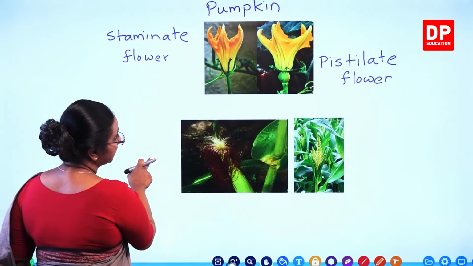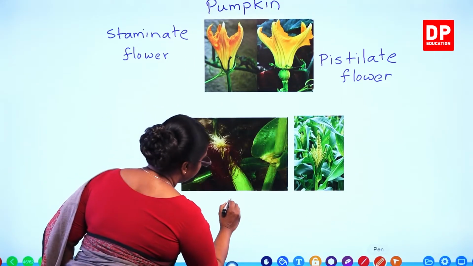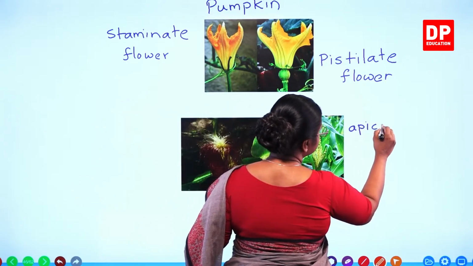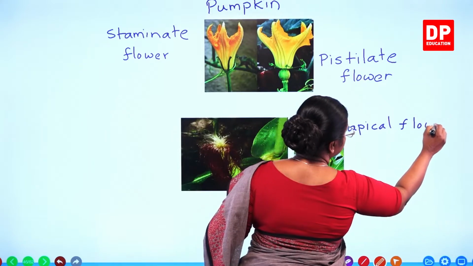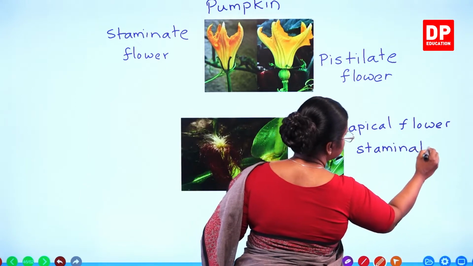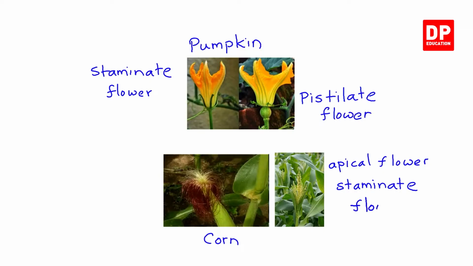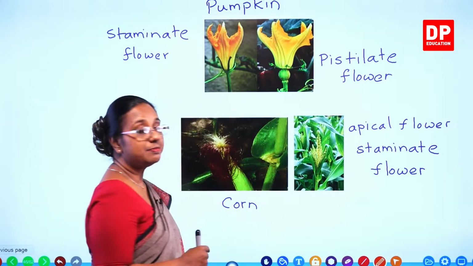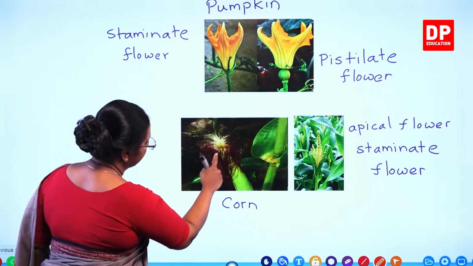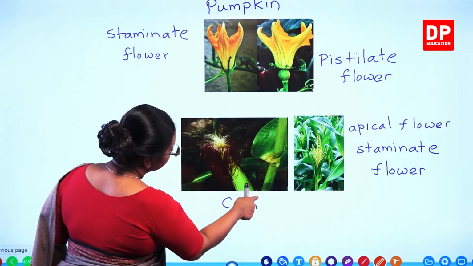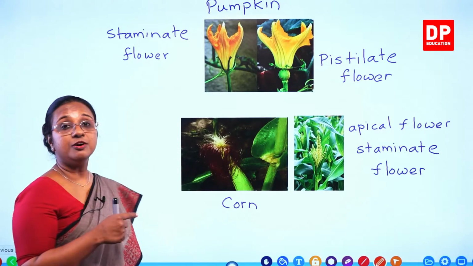The same way, here you can see this is corn. In corn, the apical flower is the staminate flower, which has the male reproductive structure. And on this side, you can see the stigma falling down like a hair-like structure, and it has developed into a fruit, the corn.